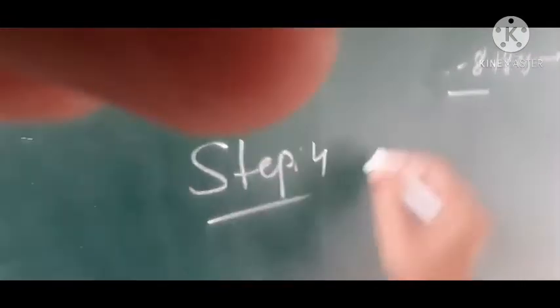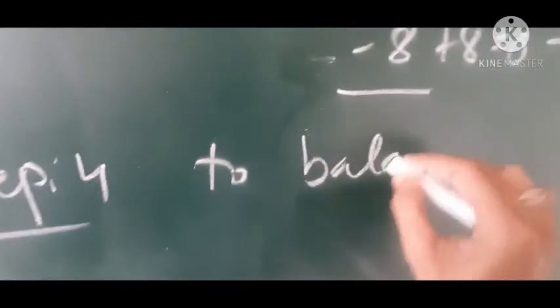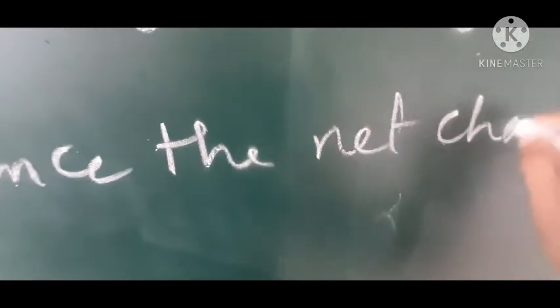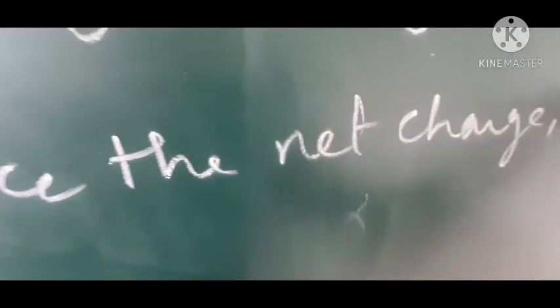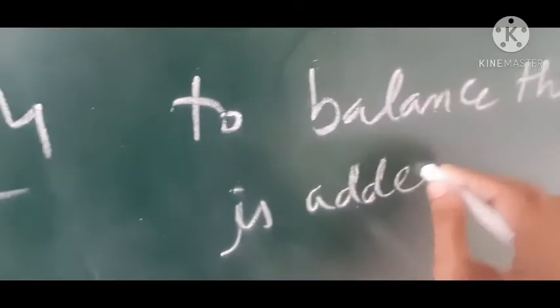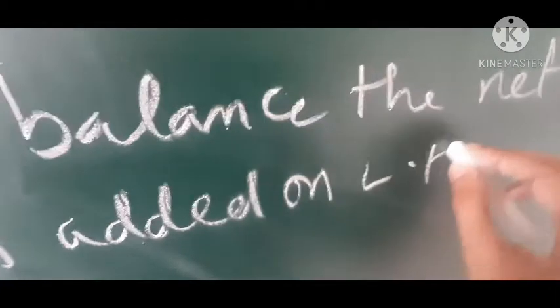So step 4, to balance the net charge, H plus is added on the left hand side.